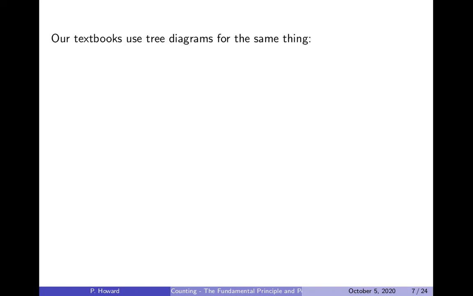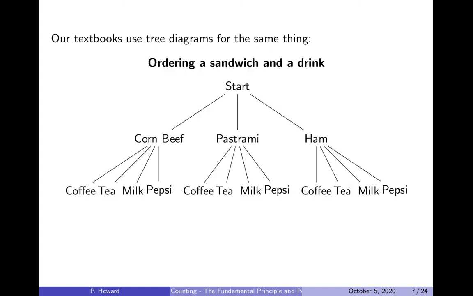Both of our textbooks use tree diagrams for the same thing. So in our textbooks, for this problem, we might see a tree diagram that looks like this. There is a start node. This is like the root of the tree. At the first level below the start, we are choosing our sandwich, and there are three choices: corned beef, pastrami, and ham.